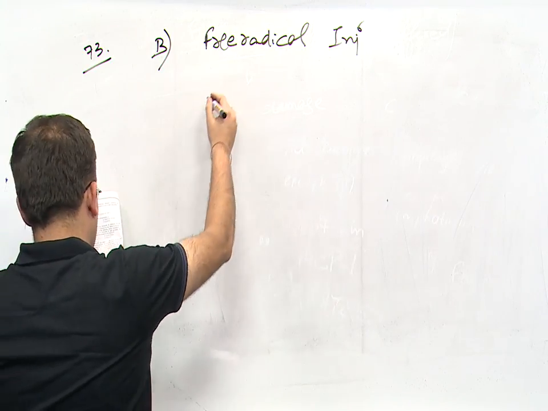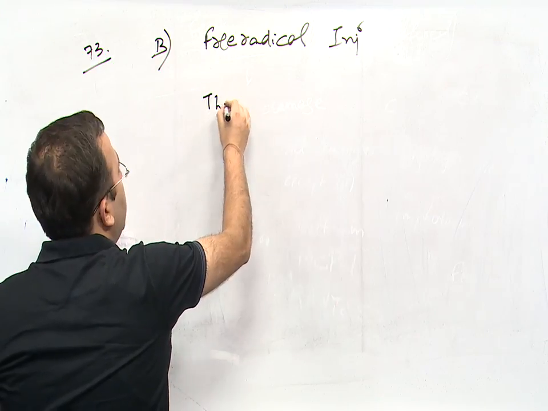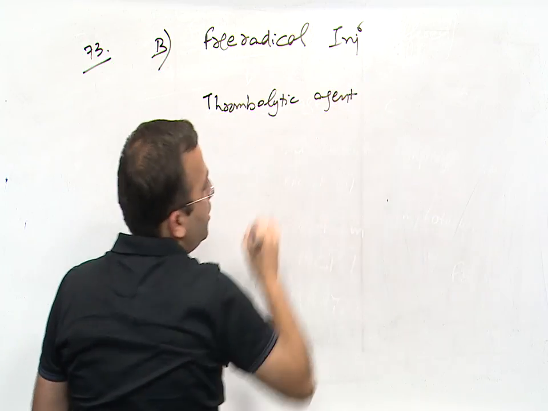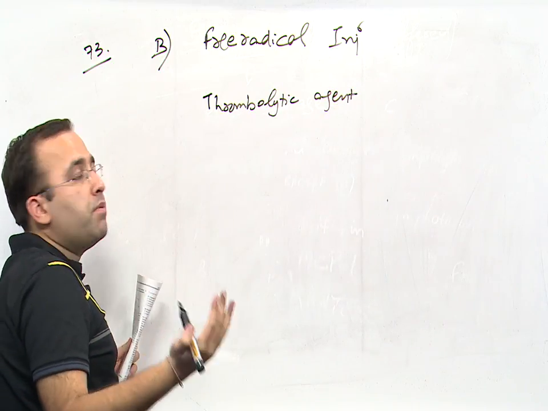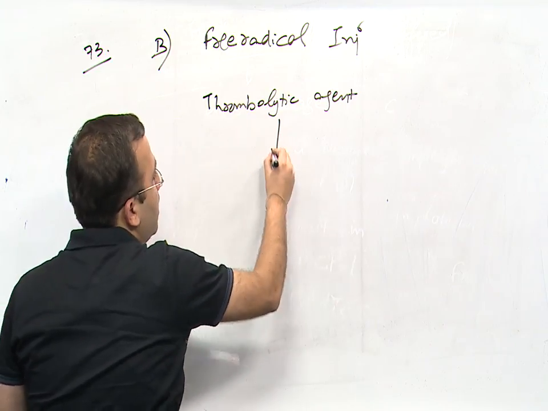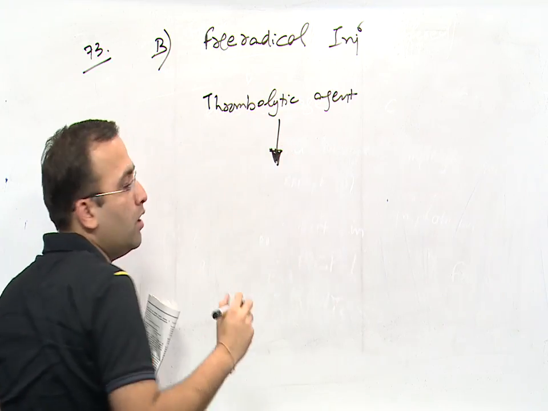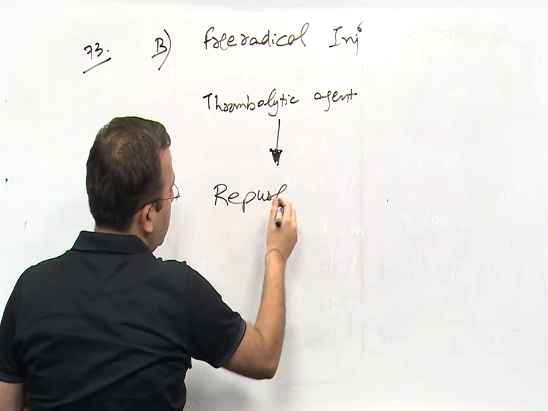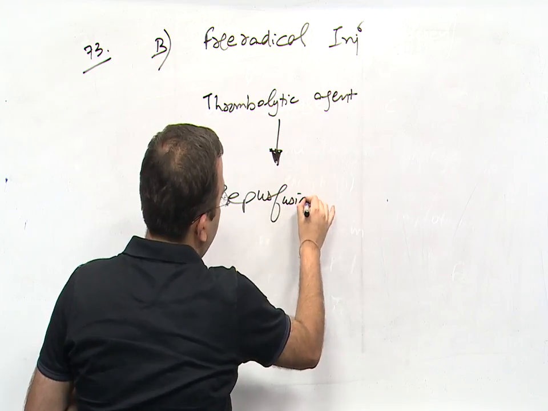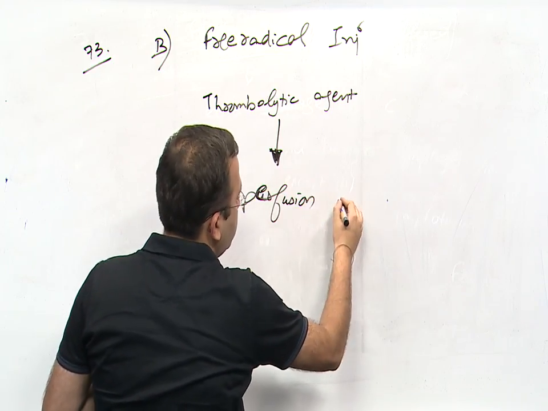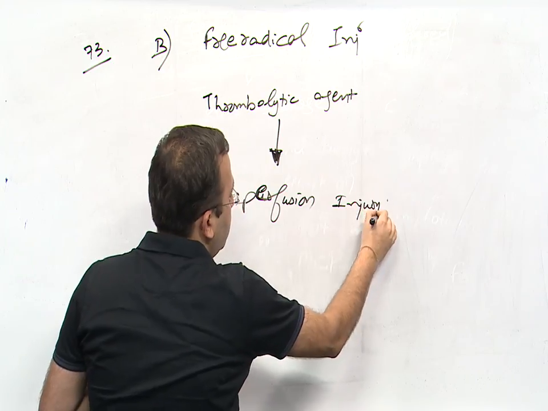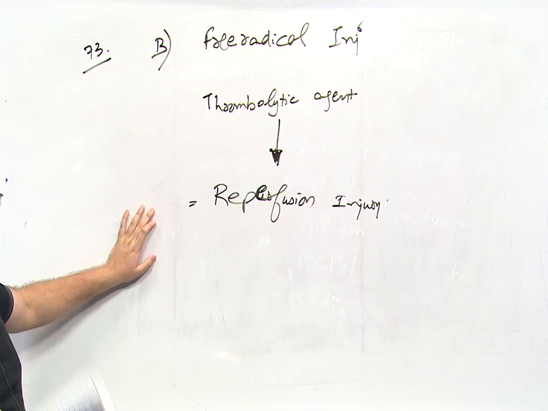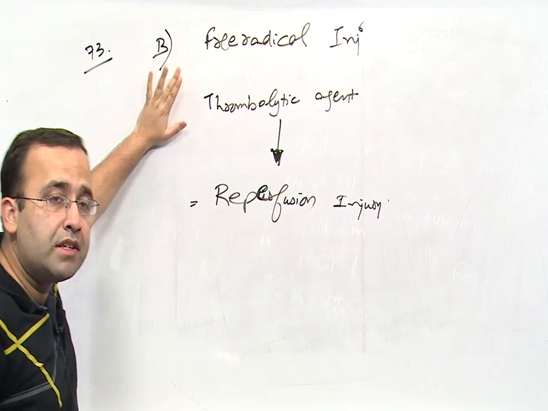Why? A thrombolytic agent was given. It dissolves the thrombus, it lyses the thrombus, as a result of which this in turn leads to reperfusion injury, and you very well know that reperfusion injuries are mediated by free radicals.